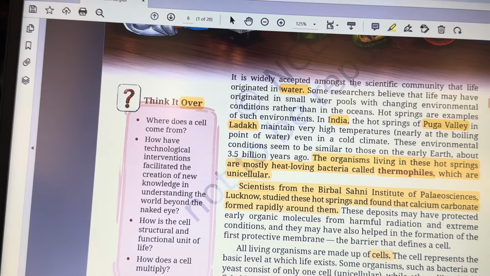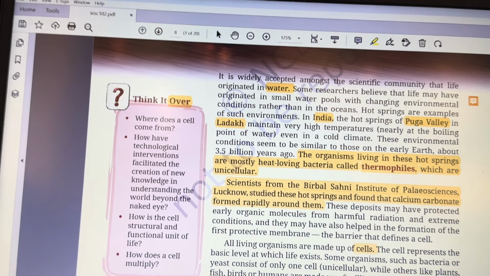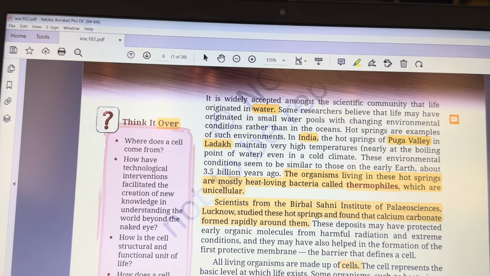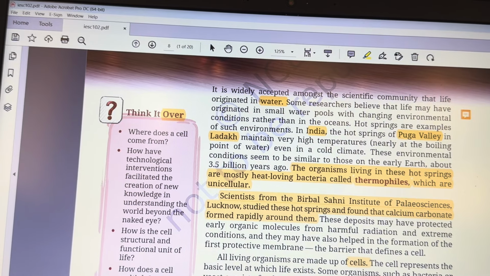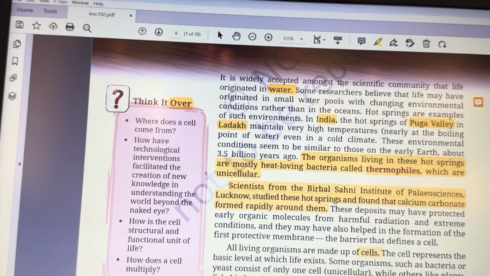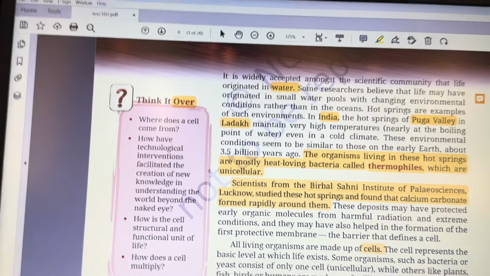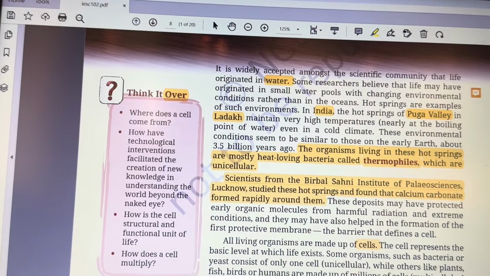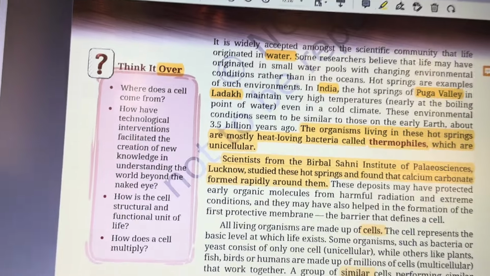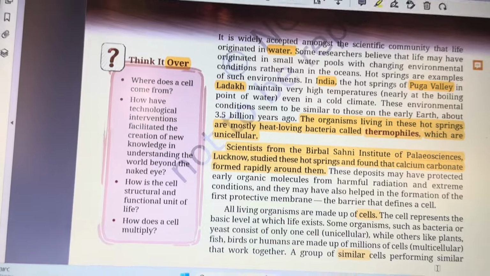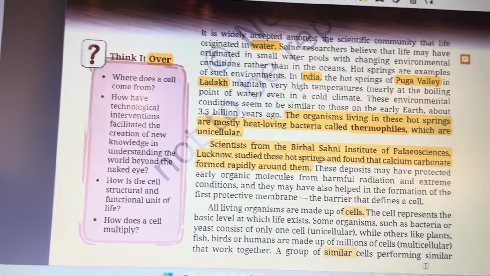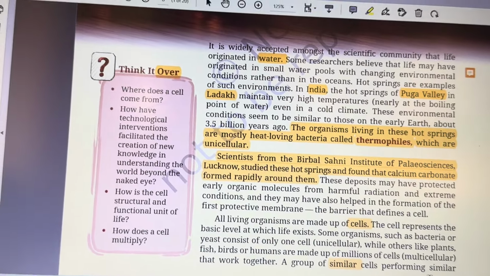So all living organisms are made up of cells. Cell represents the basic level at which life exists. Some organisms such as bacteria and yeast consist of only one cell, which is unicellular, while others like plants, fish, birds or humans are made up of millions or trillions of cells, which is multicellular, that work together.